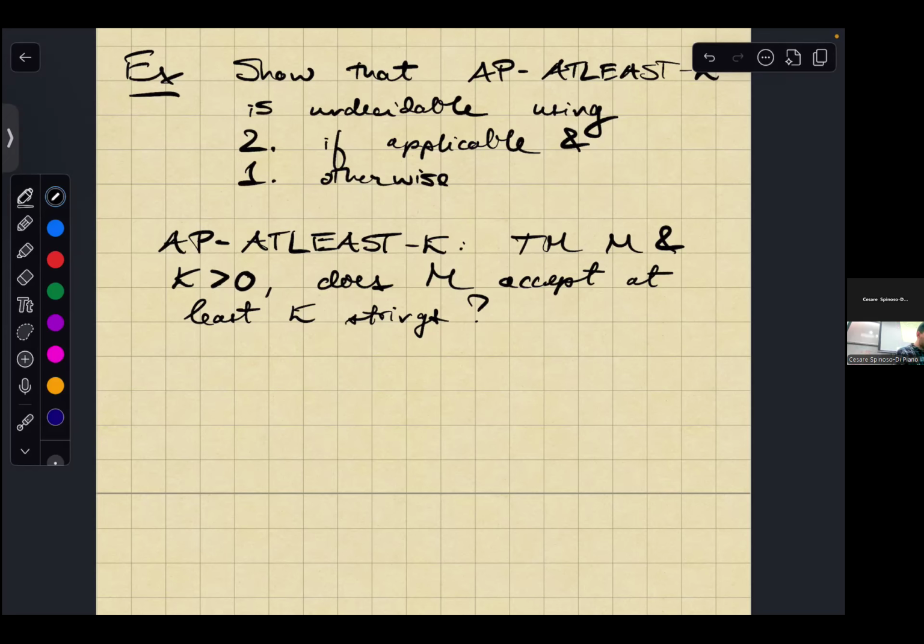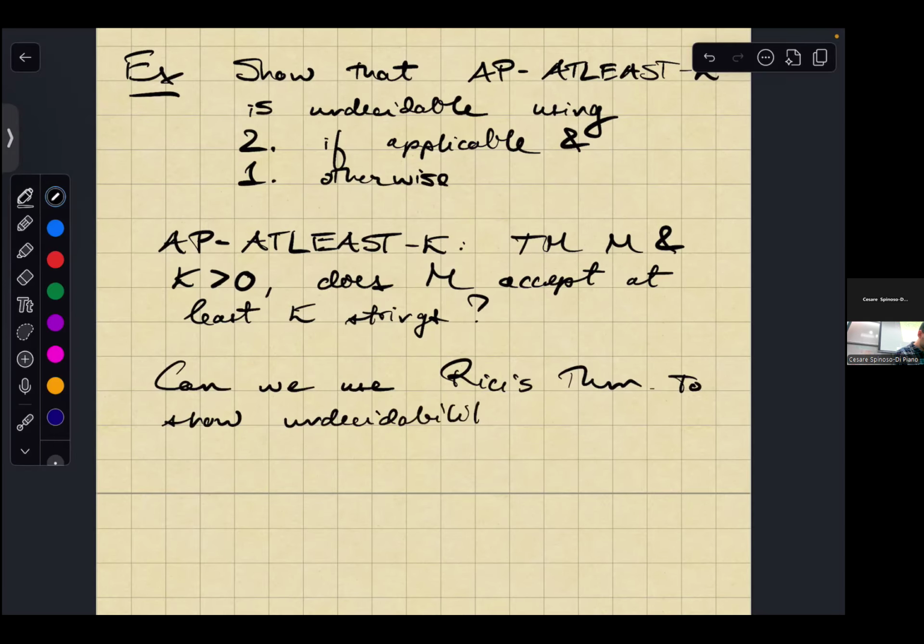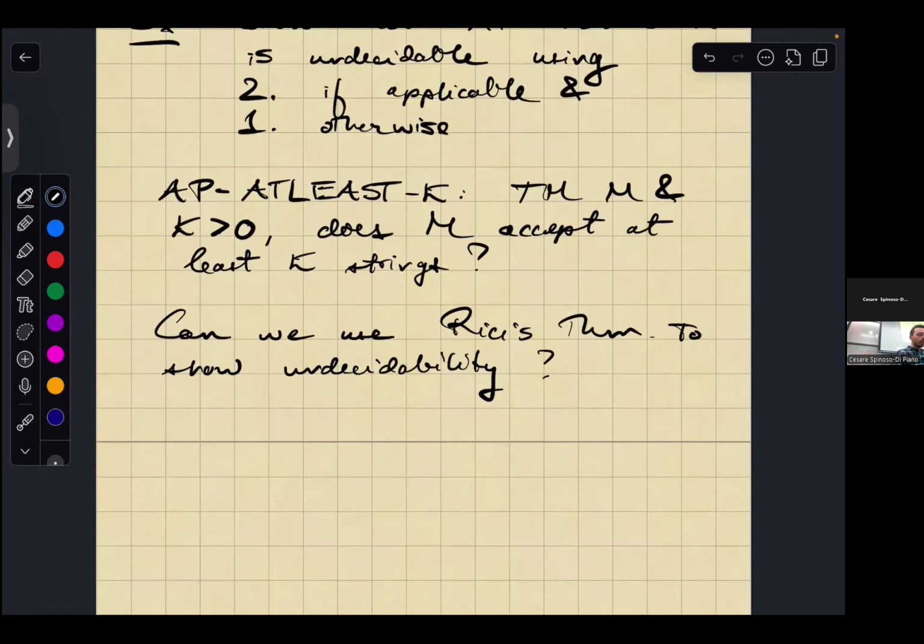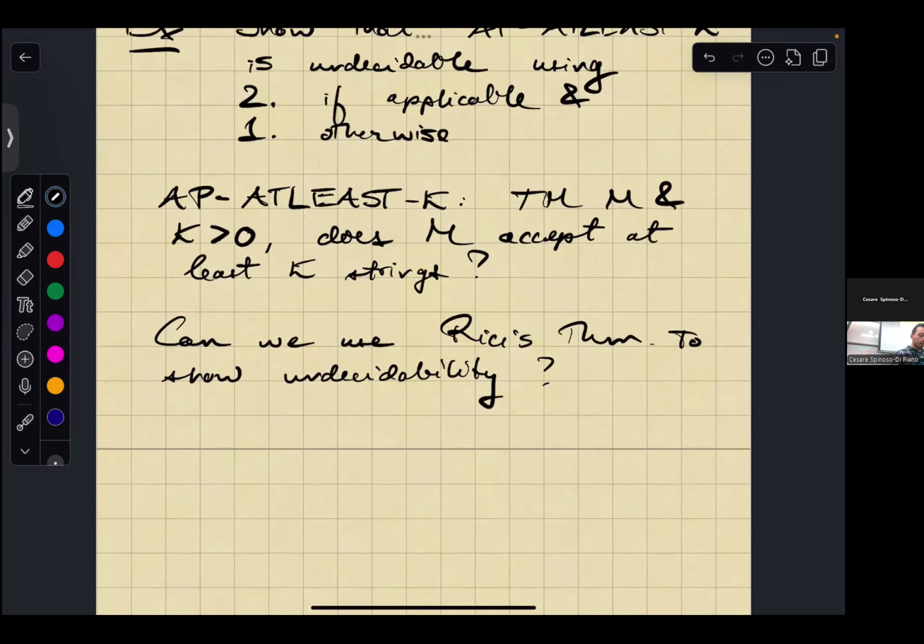Now, first of all, let's ask ourselves, can we use Rice's theorem to show undecidability? Well, remember the conditions for showing that a problem is undecidable via Rice's theorem.